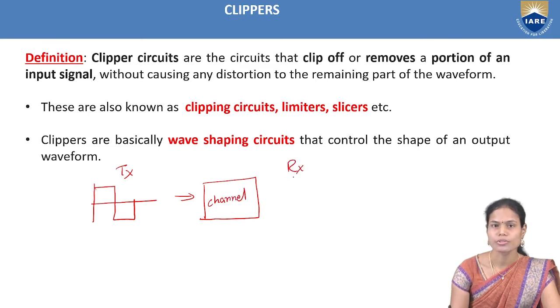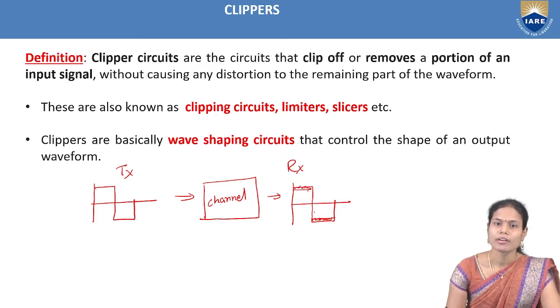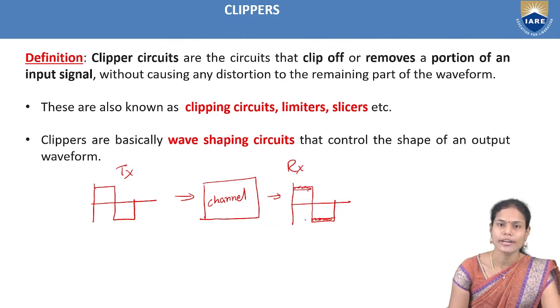Across the receiver, I am getting the signal like this with some noise. That is because when we send the signal through the communication channel, due to environmental effects, channel effects, or component effects in the circuit, we may get noise across the output of the signal at the receiver. We have to remove that noise, and we require our desired signal.